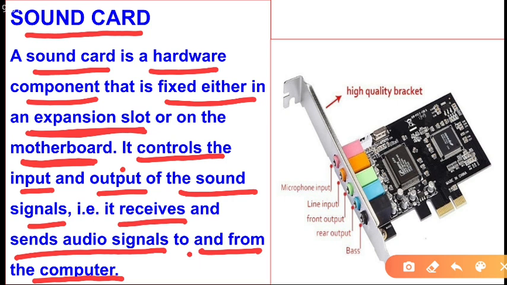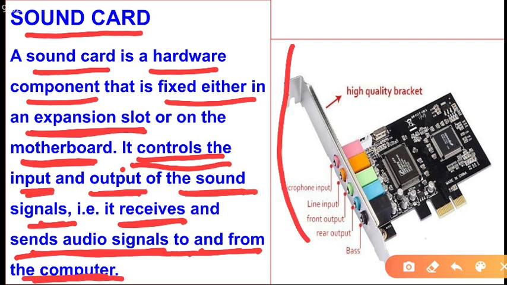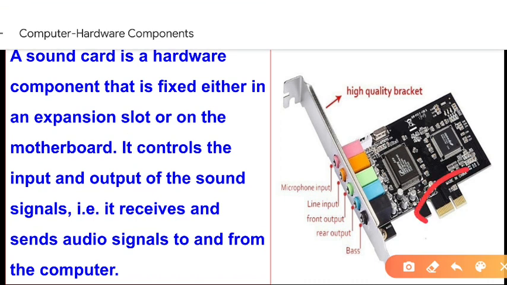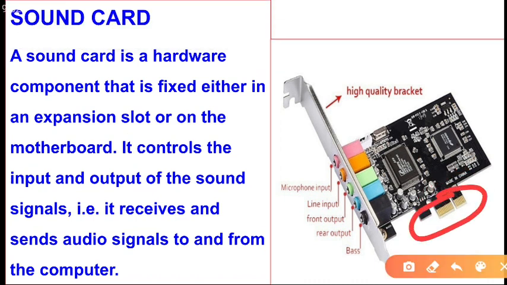So what does the sound card control? The sound card controls the input and output sound signals. It receives and sends the audio signals to and from the computer. So this is how a sound card looks. This is the part where it is fixed on the motherboard.